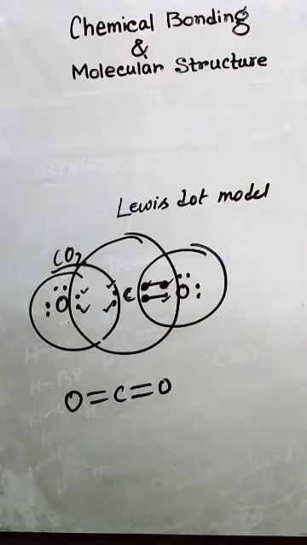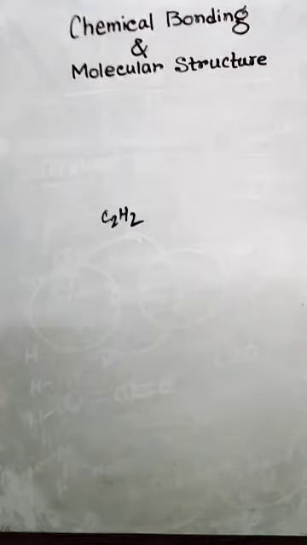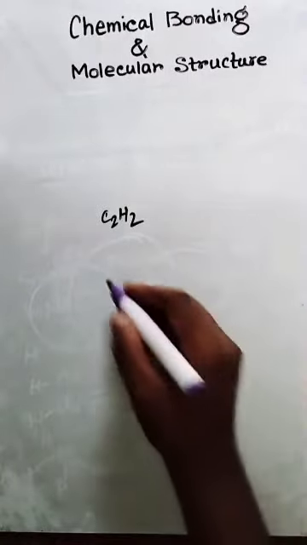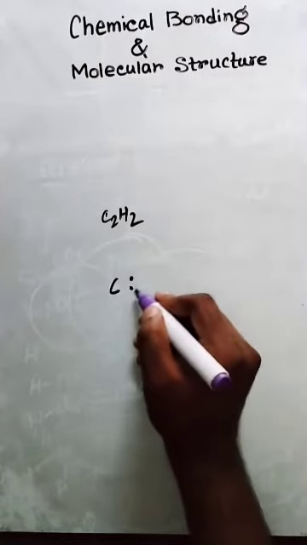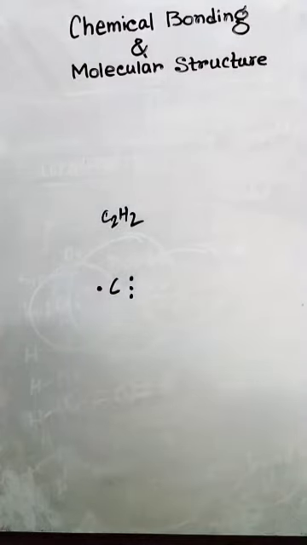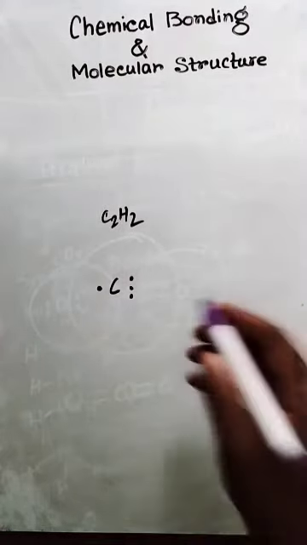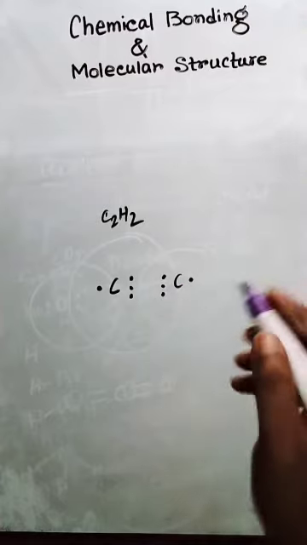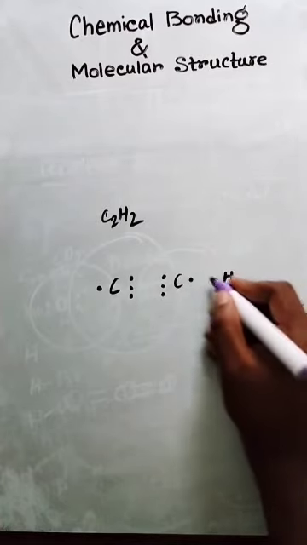So in carbon dioxide, there is a double bond between carbon and oxygen. Similarly, for the acetylene molecule, there are 2 carbon atoms, and each carbon atom has 4 valence electrons, and as there are 2 carbon atoms, what will happen?